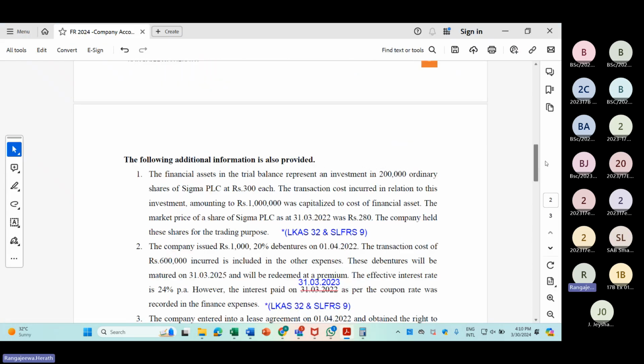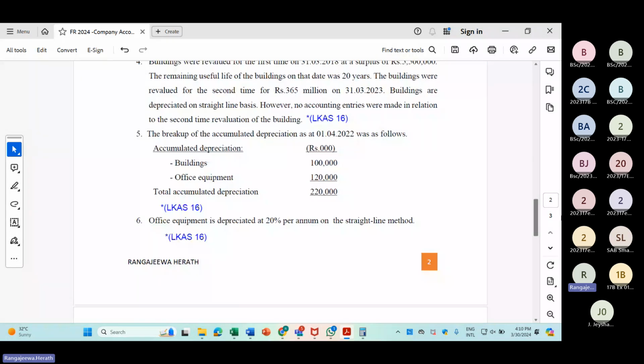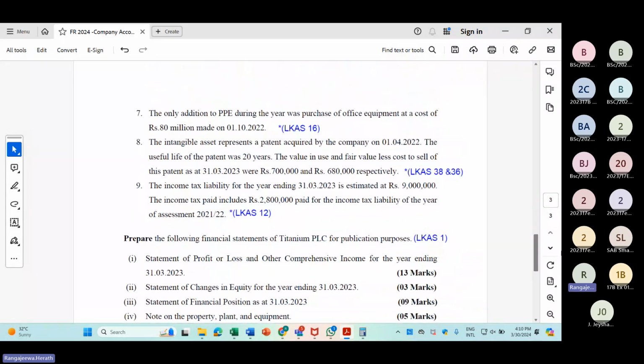If there is no other additional information, you can keep it at 760. But you are given value in use and fair value less cost to sell of 768. So you have to take the recoverable amount 700. The carrying amount is now 760, so there is a further 60,000 impairment loss.